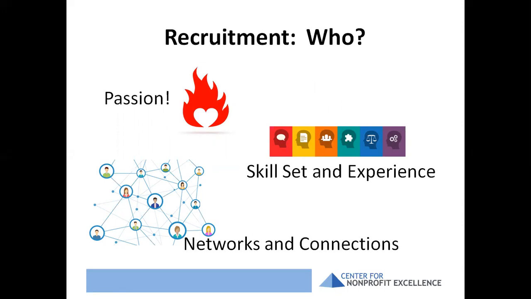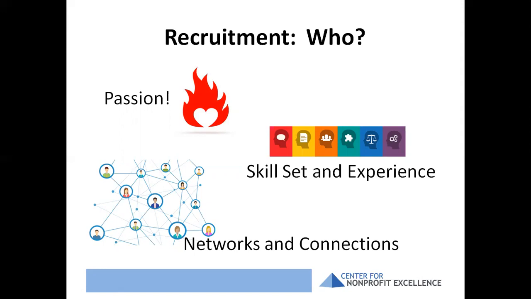It's time-consuming. You want people who are so passionate about the work, they're willing to do the hard work of being on the board. That passion is first and foremost and above any other skill, experience, qualification that a person brings to the board. And you should be looking for passionate people to be on your board.